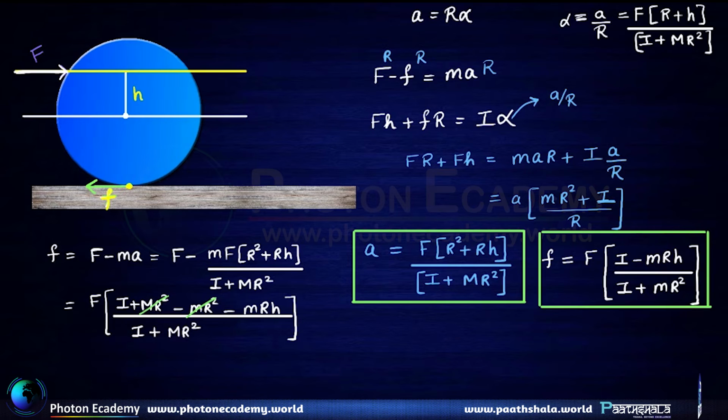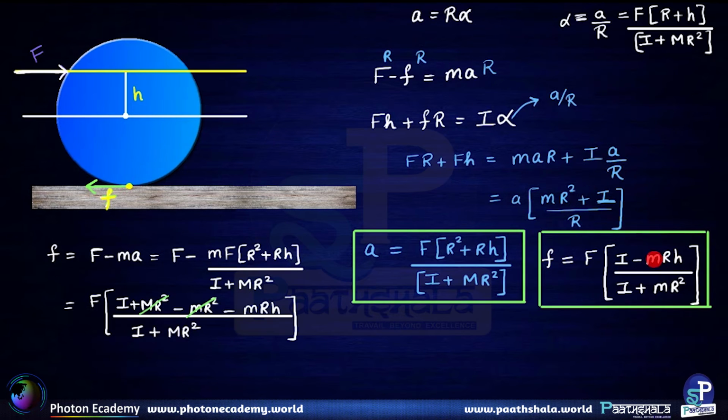Now let us understand this equation a bit. So the friction force f is going to be positive if I is going to be greater than mrh. In that case, the friction force will always be in the backward direction, because backward is the assumed direction of the friction force in this question.